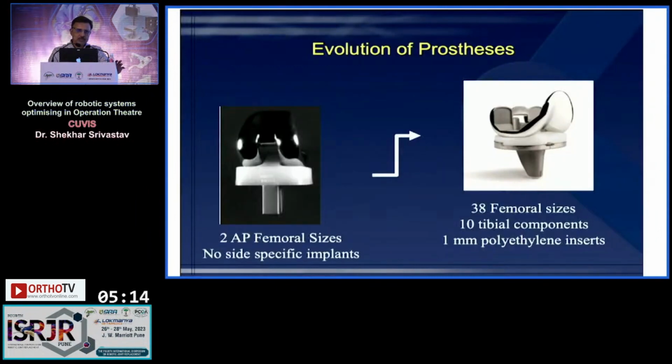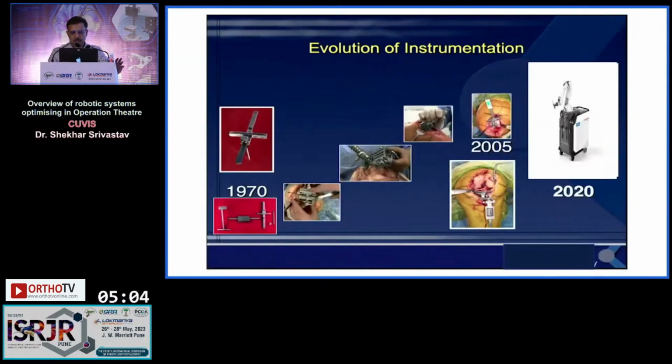Now we have seen that there is evolution of prosthesis. We are getting better implants, different sizes of implant, so that it can fit the patient anatomy in the best possible way. What is a robot? A robot is actually evolution of instrumentation. It is a tool in your hand so that you can do the surgery properly.